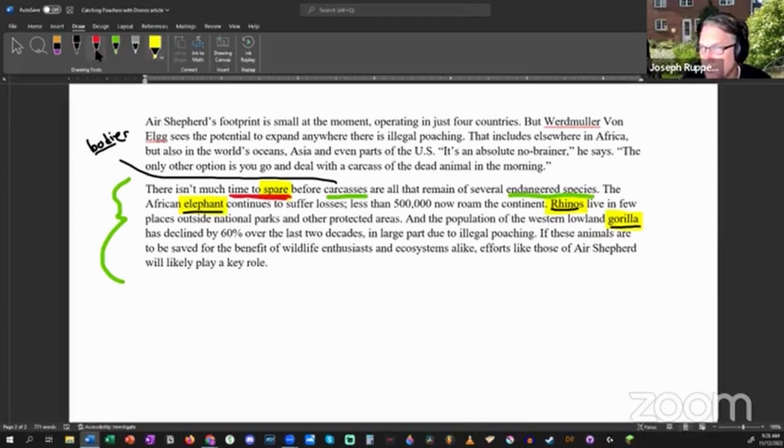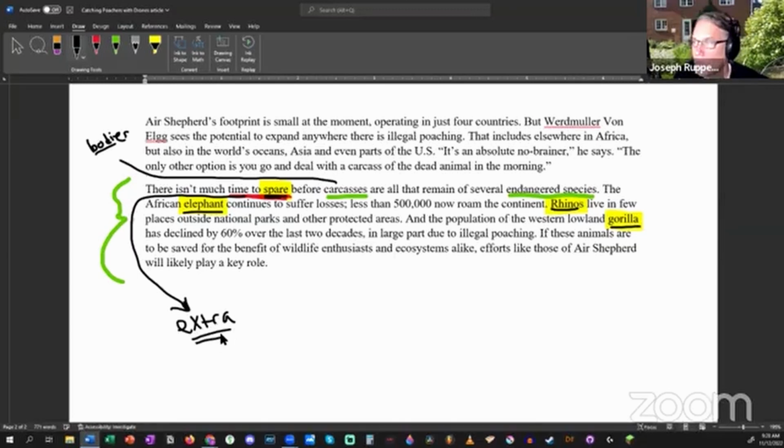So something that's spare is going to be extra. Here it says there isn't extra time. So we're basically saying there isn't a lot of time left. We don't have much time. We don't have extra time.